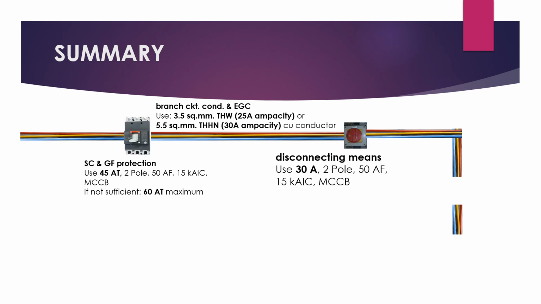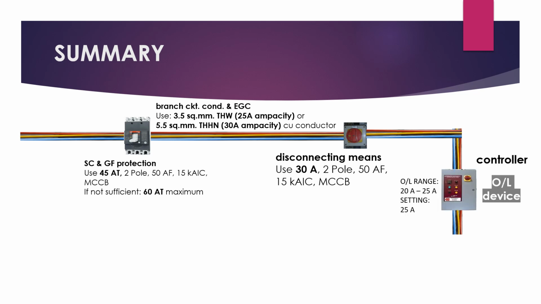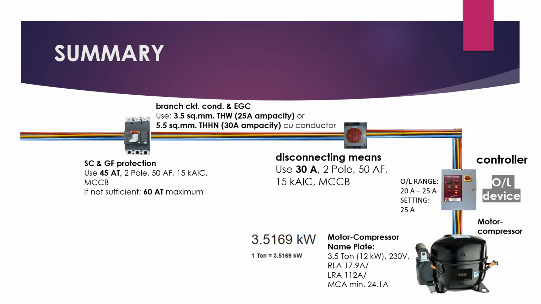And also disconnecting means from the previous calculation, we have to use 30 ampere, 2 pole, 50 ampere frame, 15 kaic MCCB. And for the controller and overload device, for the overload range, we have to use 20 ampere to 25 ampere. And the settings should be not more than 25 amperes.